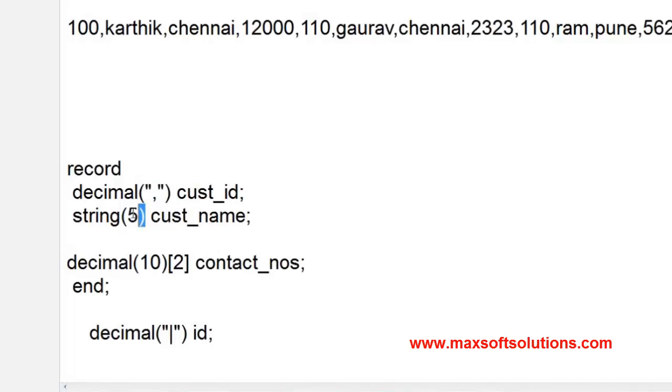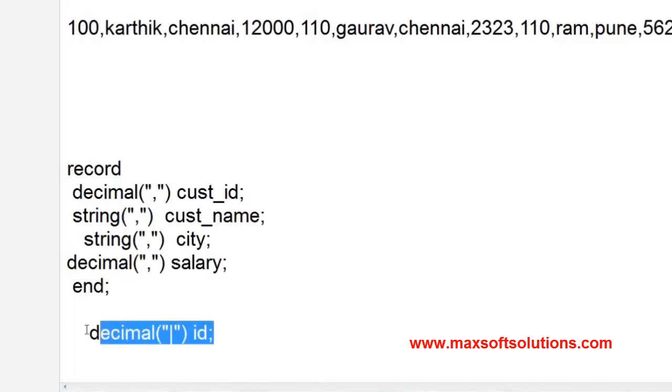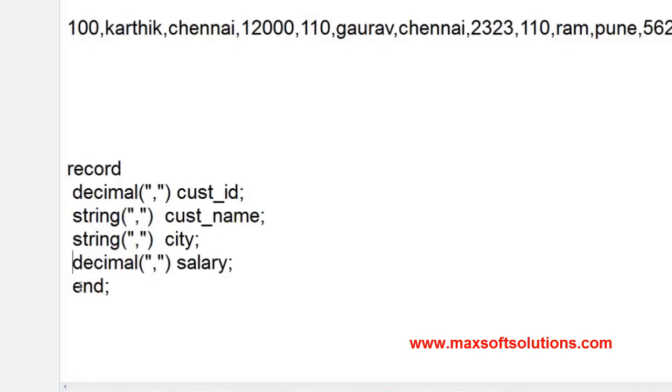String, city and then salary, end. If you use this record format and you try to view the data, then you will view the correct data through the view data window.